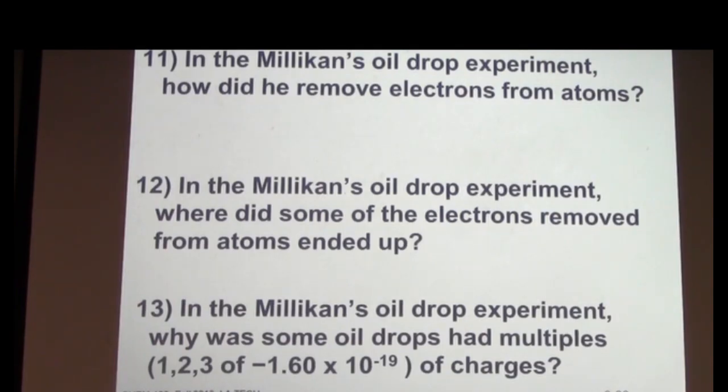I will show you how he did it. In the Millikan oil drop experiment, where did the electrons removed from atoms end up? In the experiment, some oil drops have multiples of this charge, the electronic charge, what we call it.